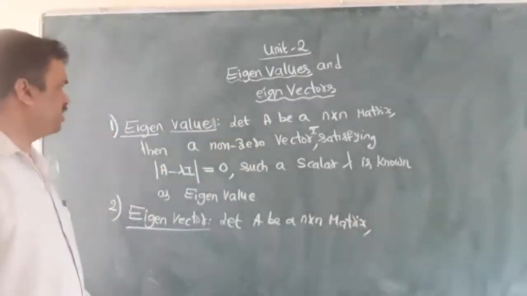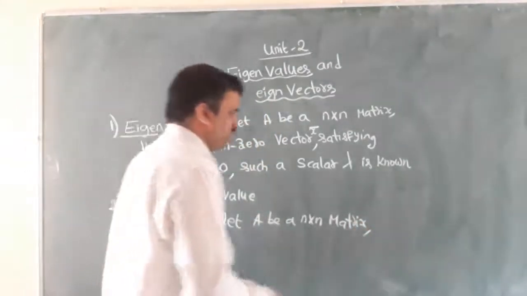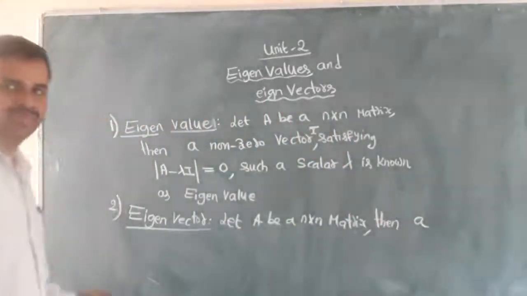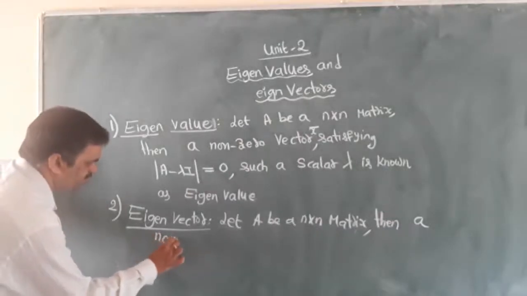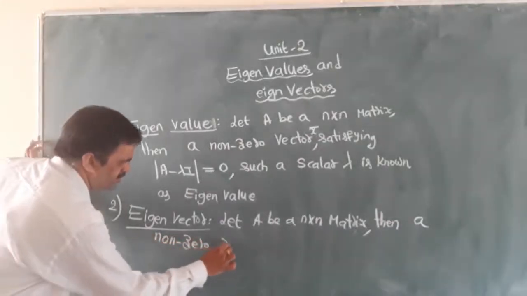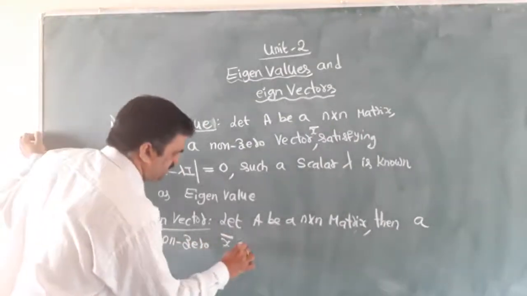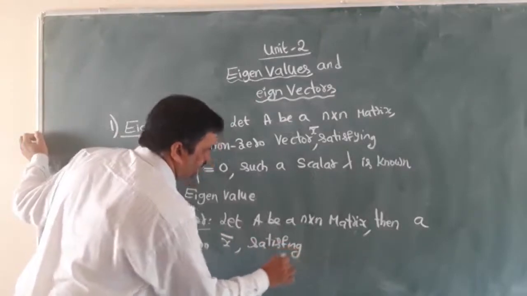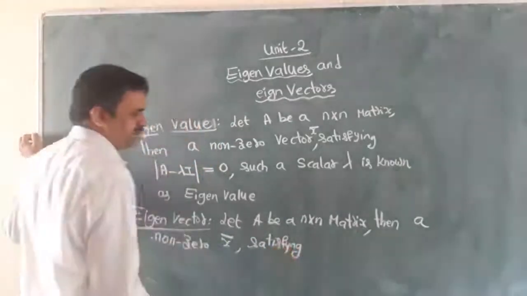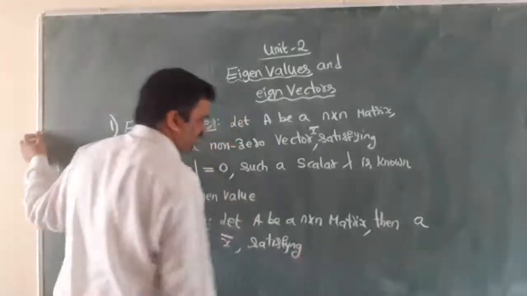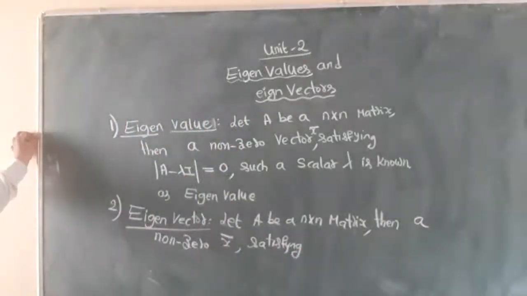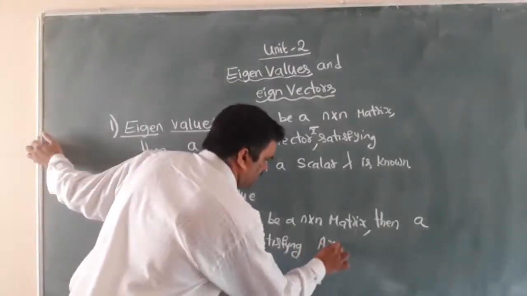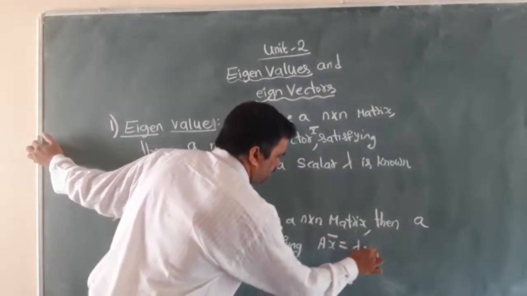Then a non-zero vector x bar satisfying A x bar is equal to lambda x bar.